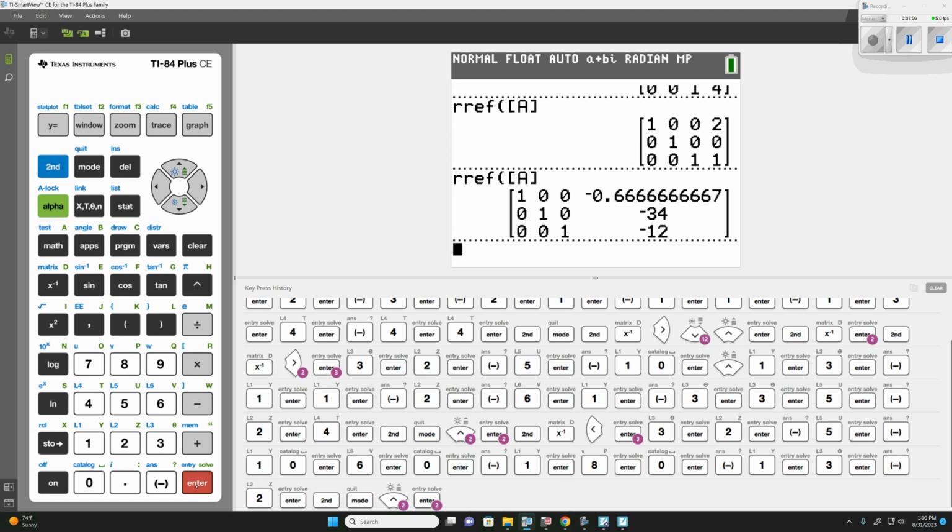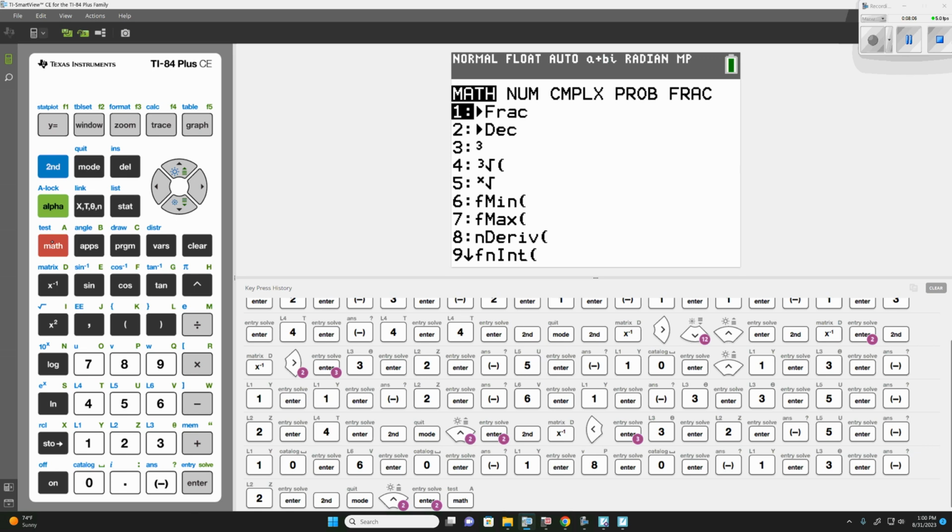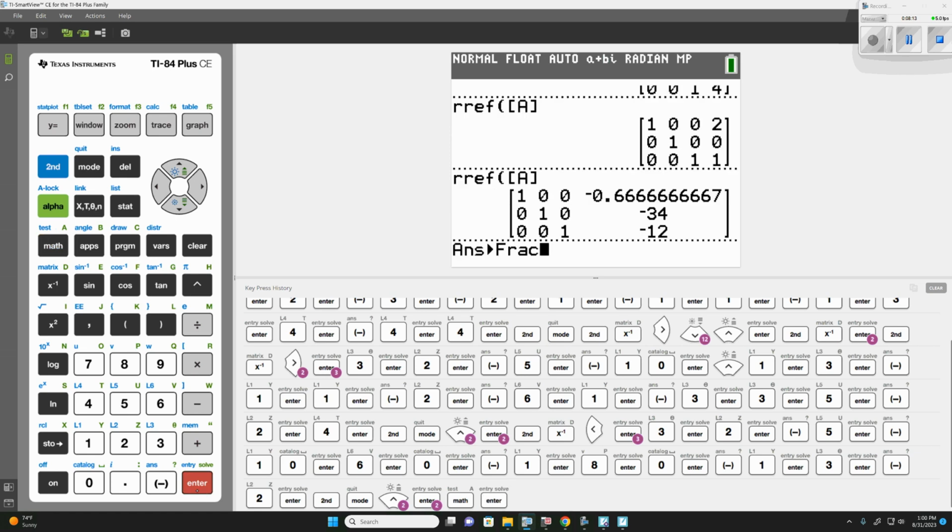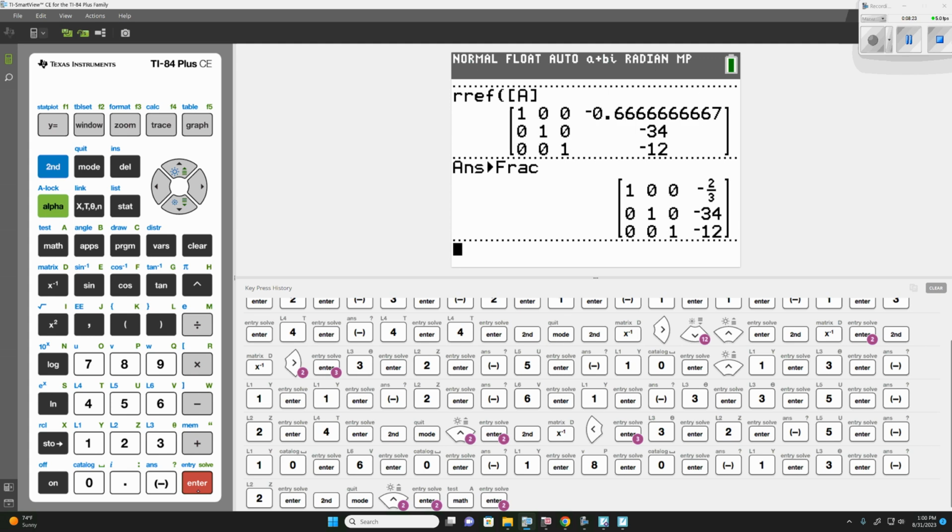What is our x value written as a fraction? Well, let's have the calculator do this for us. If we hit math, the first one is FRAC. If we hit enter, since we didn't put a number in front of it, it's saying the previous answer, Ans. We're telling it to take the previous answer and turn any decimal into a fraction. So if you do get decimals, you can do this and it'll convert it to fractions.